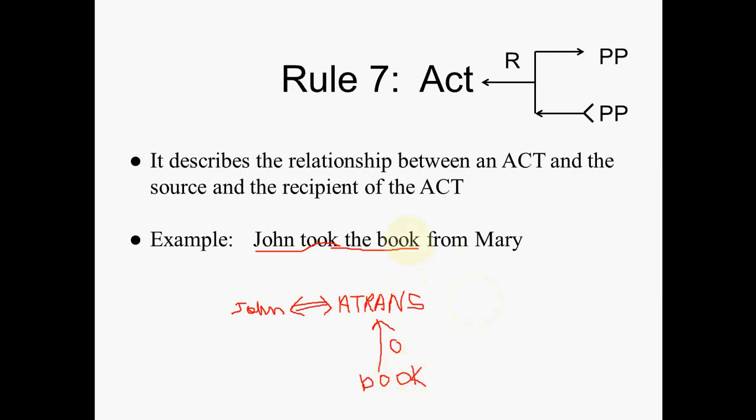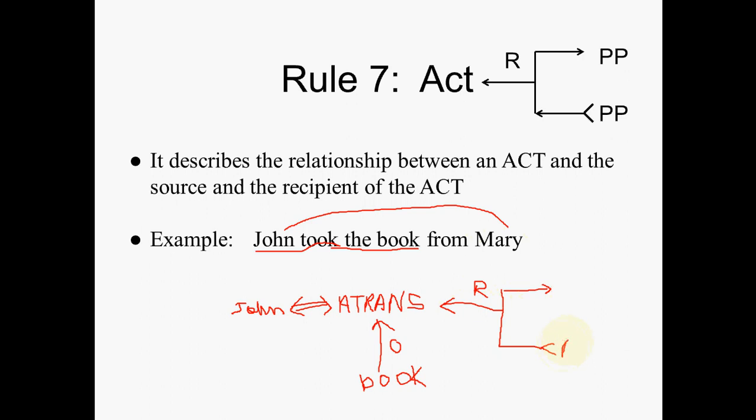And finally, you have to now specify who is the sender and who is the receiver. Now John took the book from Mary. So basically it is Mary who gave the book to John. So for this act, A trans, the recipient relation, I'm really sorry, I cannot draw it tidily, but recipient relation: who is the source and who is the destination, who is the sender, who is the receiver?